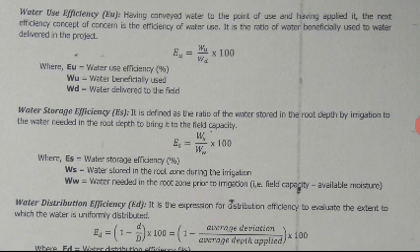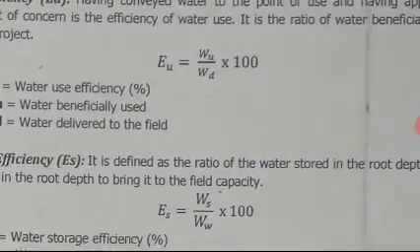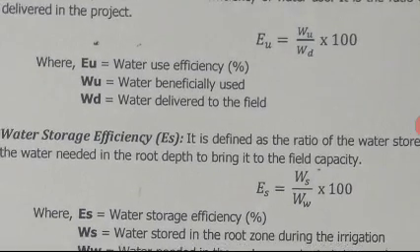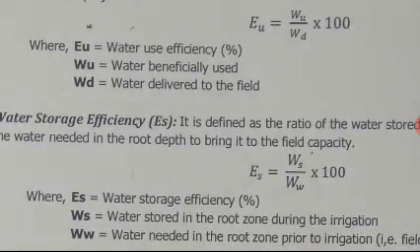It is the ratio of water beneficially used to water delivered in the project, with the formula EU is equal to WU divided by WD into 100, where EU is equal to water use efficiency percentage, WU is equal to water beneficially used, WD is water delivered to the field.